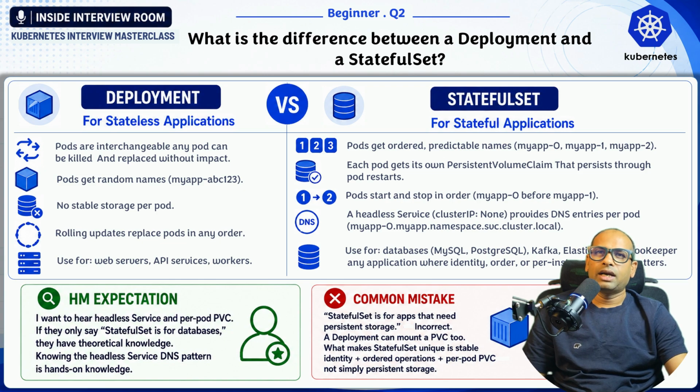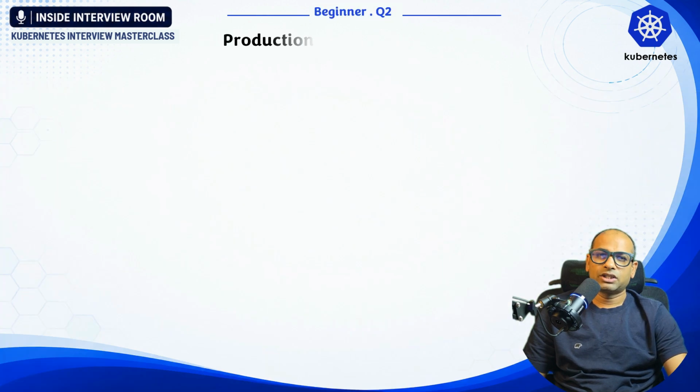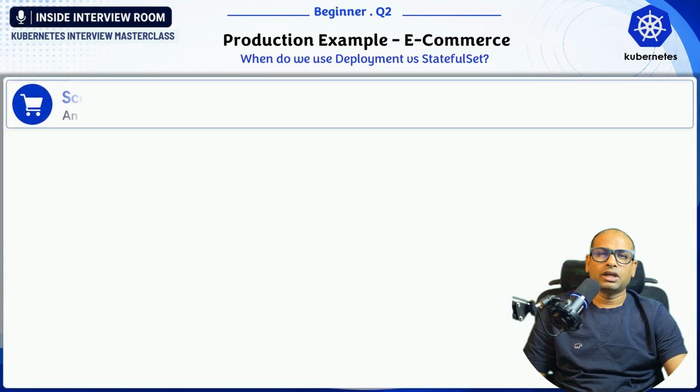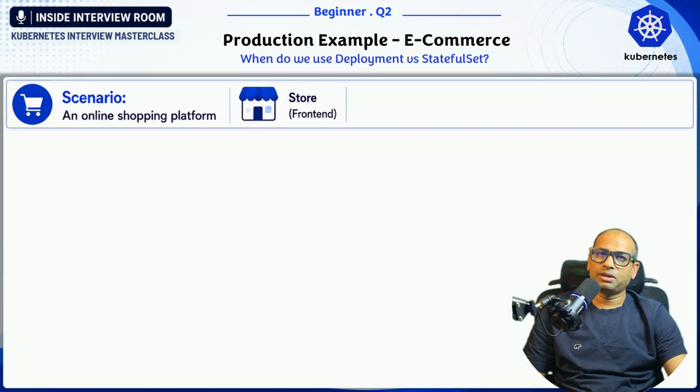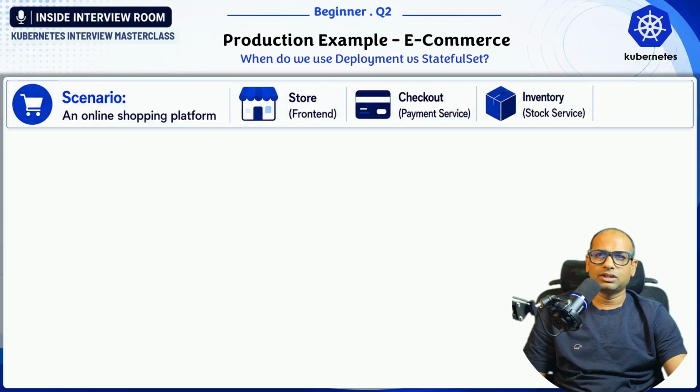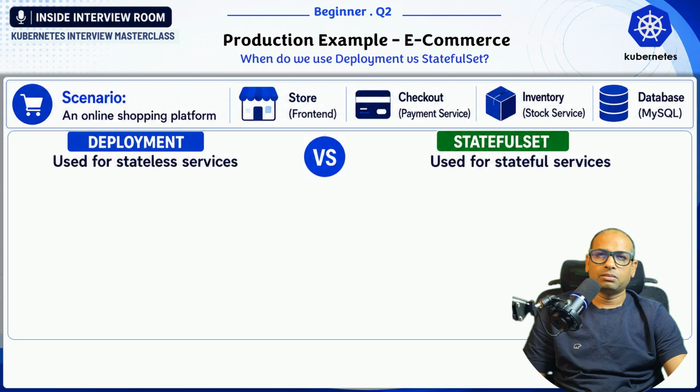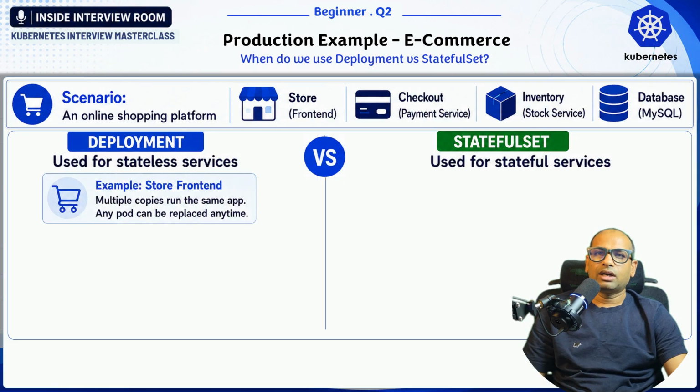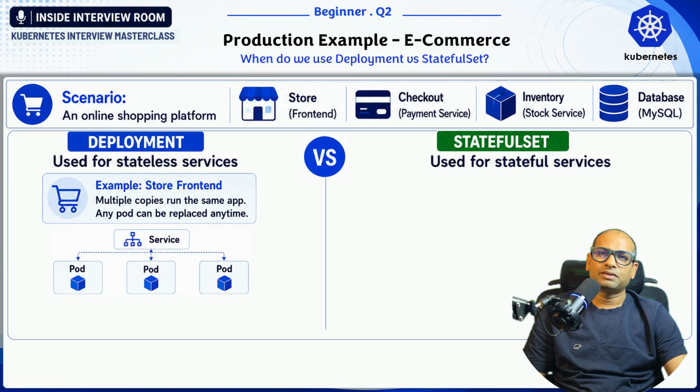Let's see it with a real production scenario, e-commerce. Same scenario, where store front end, checkout, payment service, inventory stock service, and your database. So what can be the Deployment? What can be the StatefulSet? For example, your front end service: multiple copies run the same app, any pod can be replaced anytime.